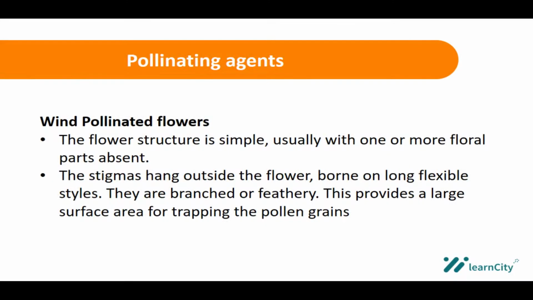Another thing is that the flower structure of wind pollinated flowers is very simple. It usually has one or more floral parts absent. Now the stigmas of wind pollinated flowers usually hang outside the flower, and they are borne on long flexible styles.